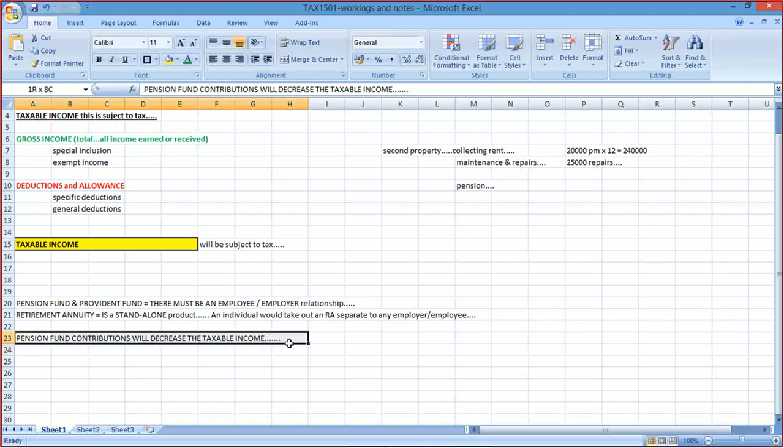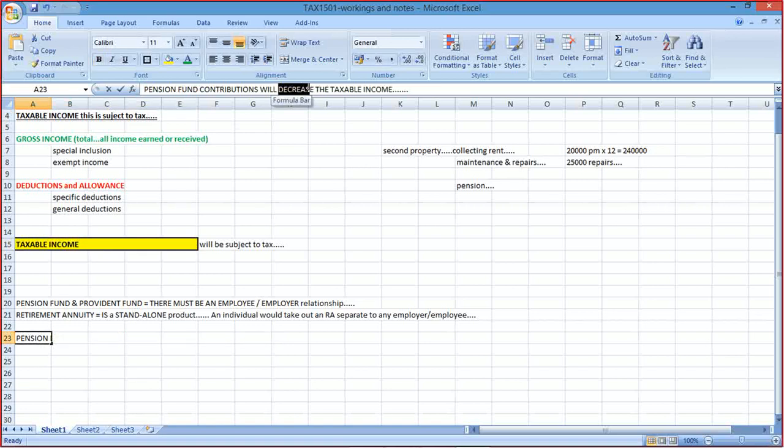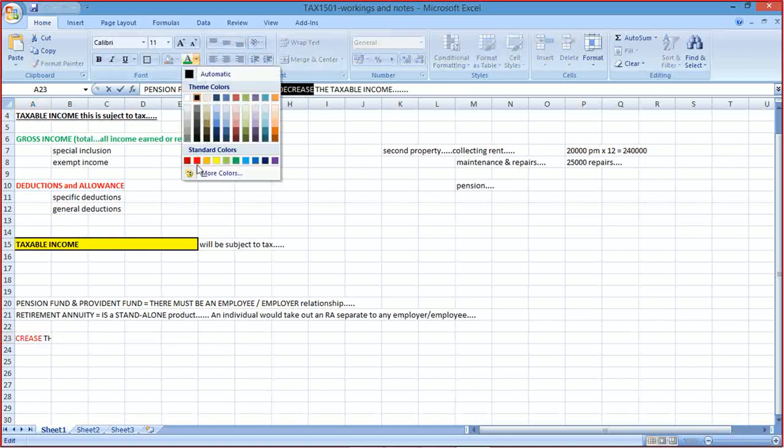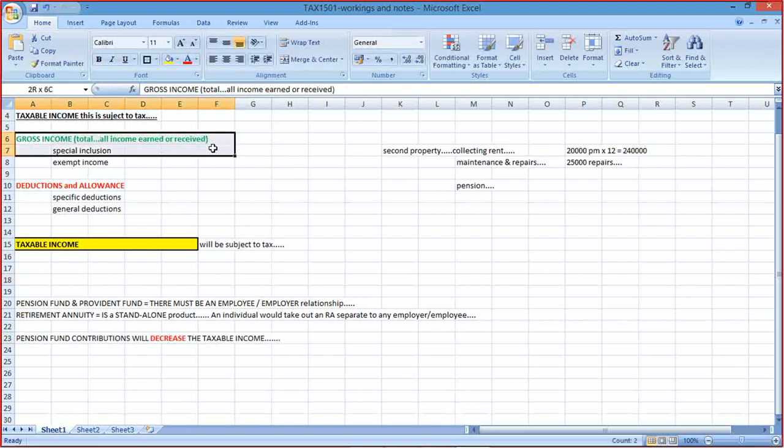What was the question? The question was, if I'm contributing towards a pension fund, what are those deductions going to do to my taxable income? It'll decrease the taxable income, exactly, because you're making a contribution. Do you agree that if I earn income, I would have to pay tax on it?